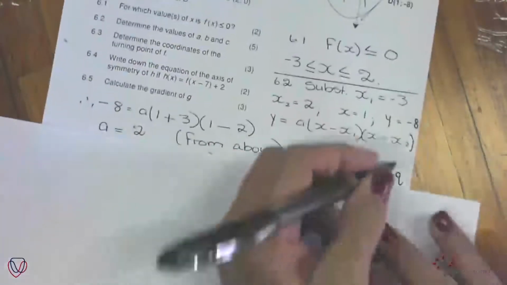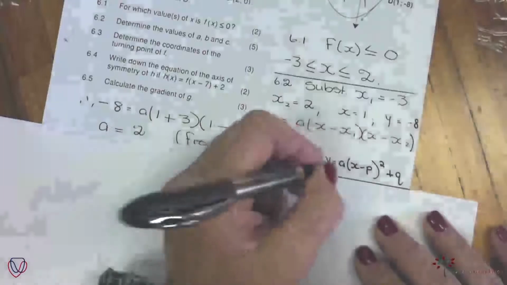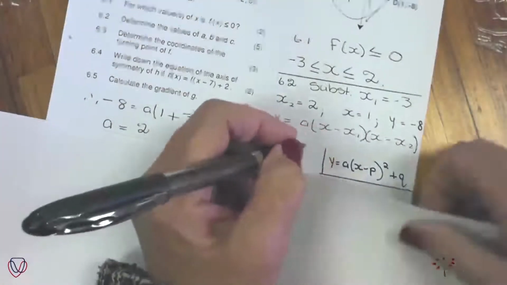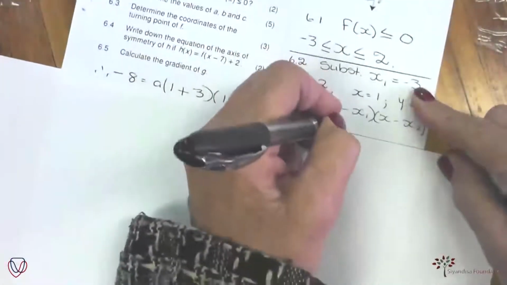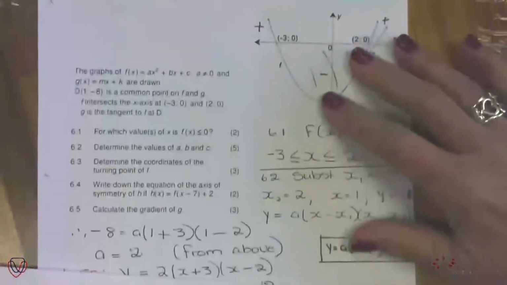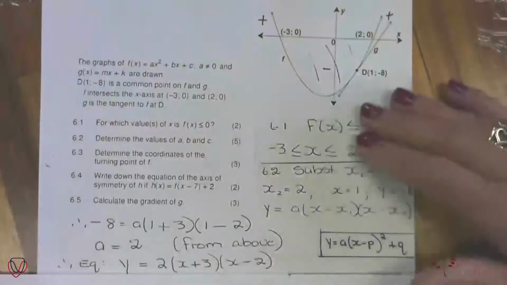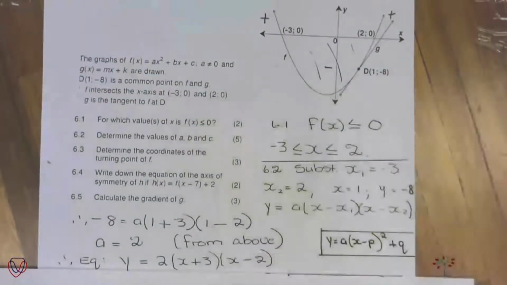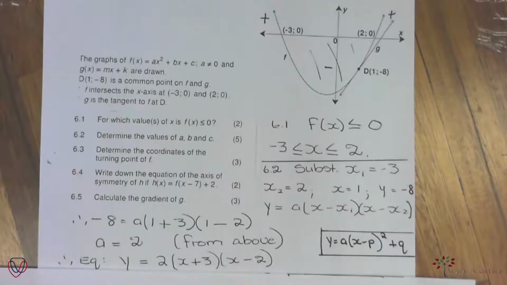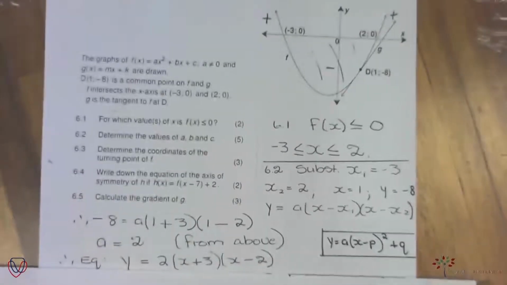This you only remember if you have the turning point. I'm writing it there because we don't have an example among these that will give us that one to do. Okay, then for the equation, you've got your a is 2. You put your x and y back because that is supposed to be in an equation.